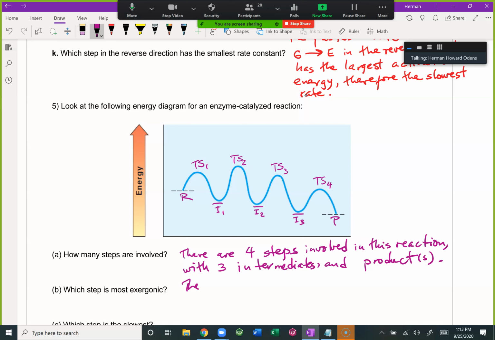So the most exergonic is the one that releases the most energy.